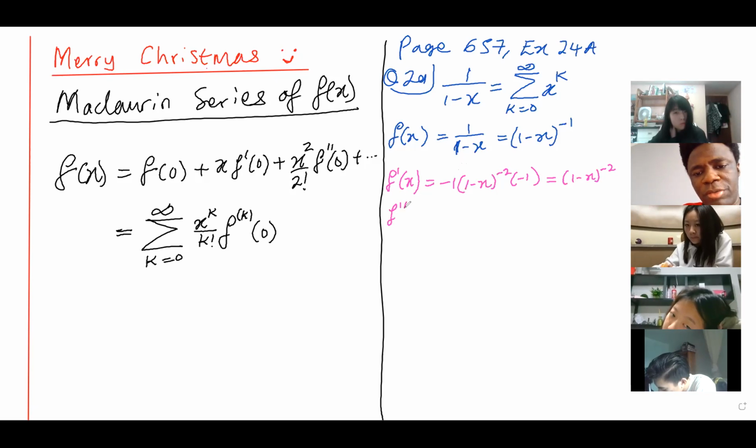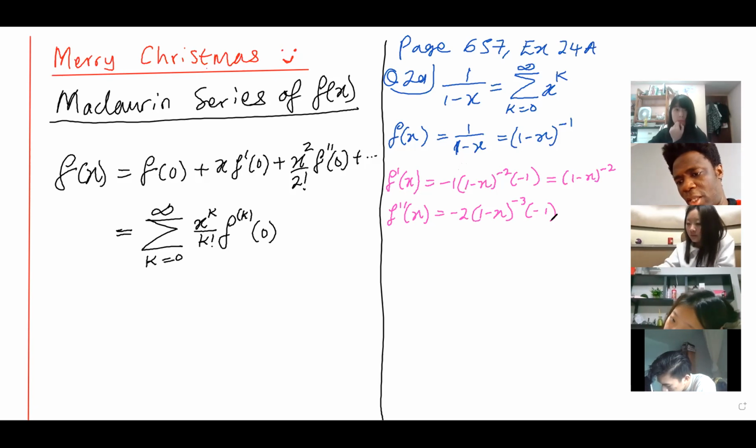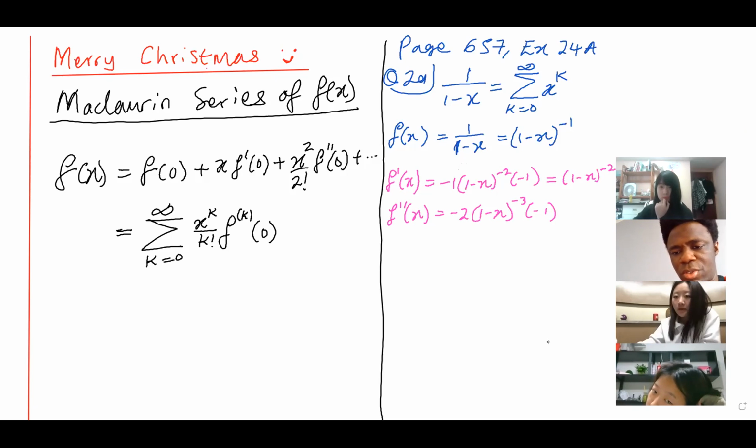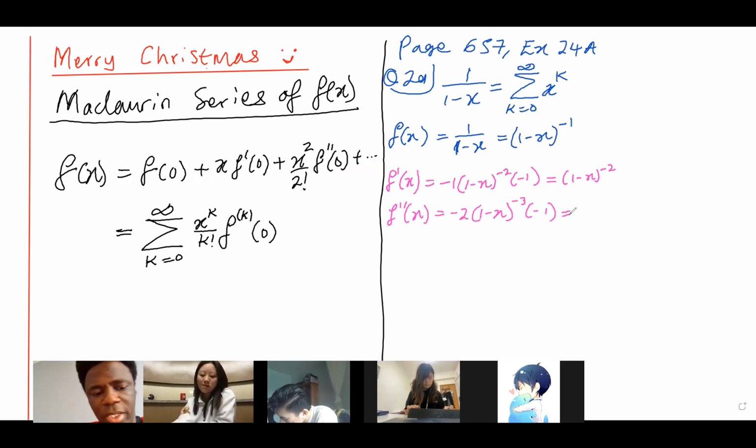Our second derivative will be minus 2, 1 minus x raised to the power minus 3, then also times minus 1, and that also cancels, minus cancels minus again. So we have 1 minus x to the power minus 3.